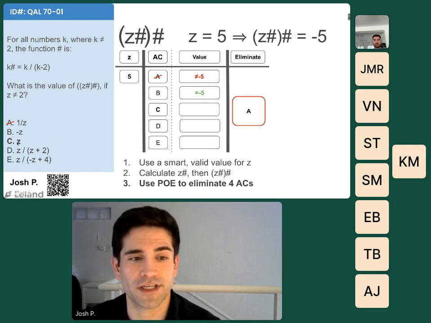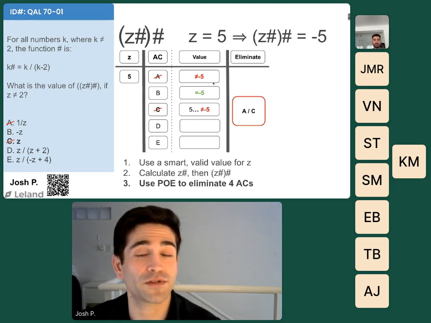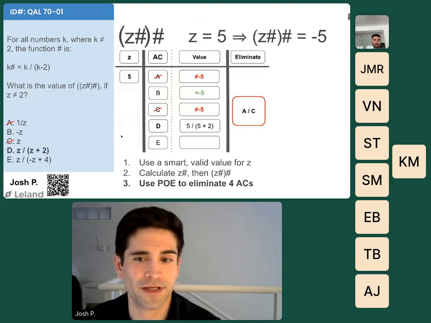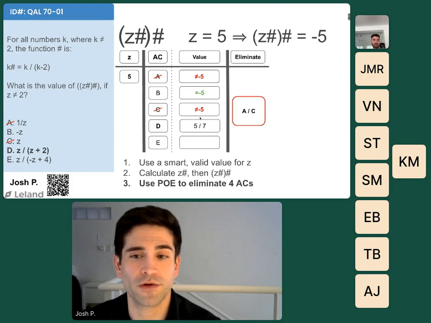C. C is z. Well, z is 5. And 5 is not equal to minus 5. So we can eliminate answer choice C. D, which is z over z plus 2. We have 5 divided by 5 plus 2, which gives us 5 over 7. And this is not equal to minus 5.